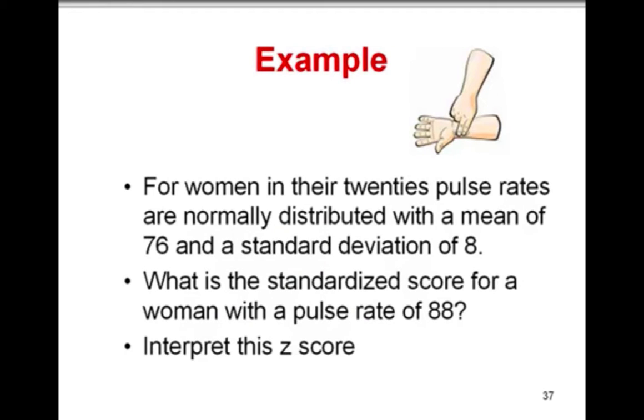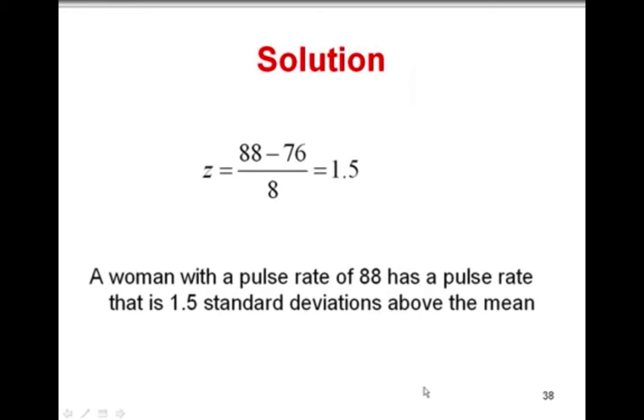Here we are told that pulse rates for women in their 20s are normally distributed with a mean of 76 and a standard deviation of 8. What is the standardized, or z-score, for a woman with a pulse rate of 88, and interpret this z-score? The calculation is straightforward.